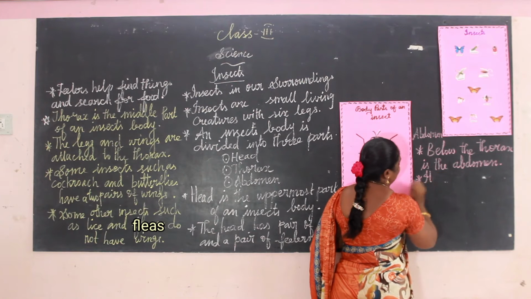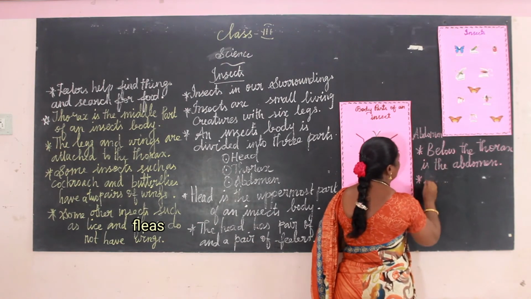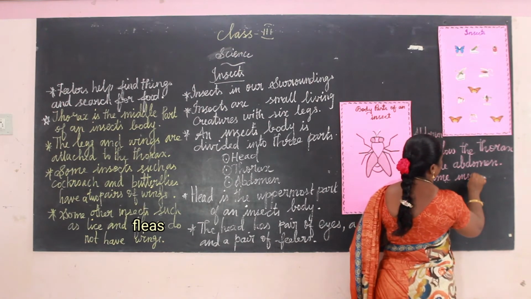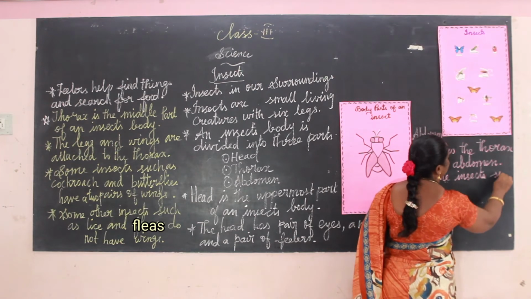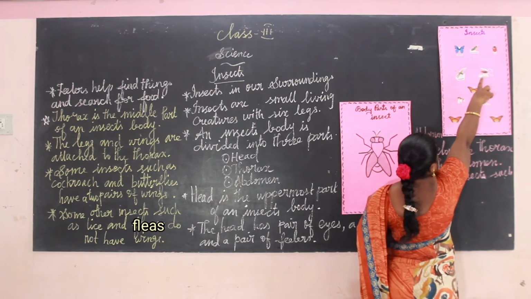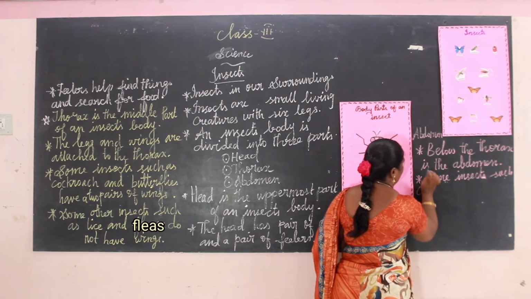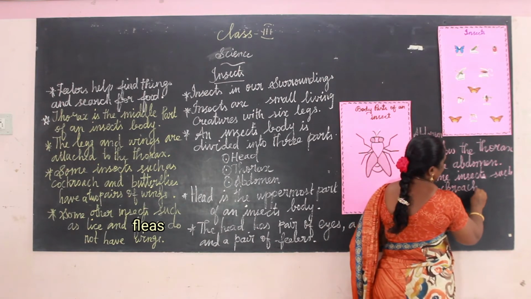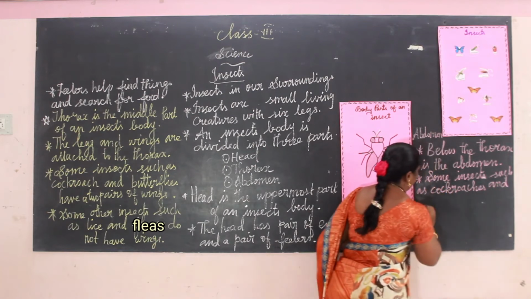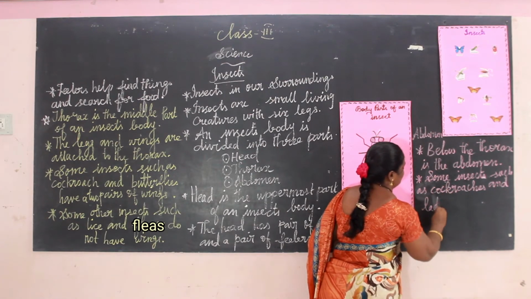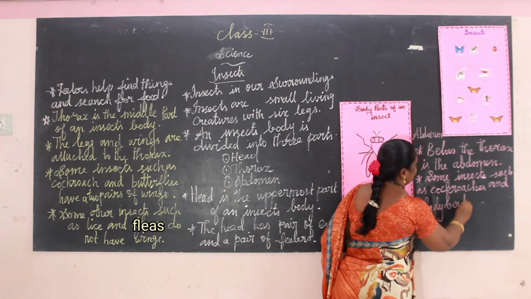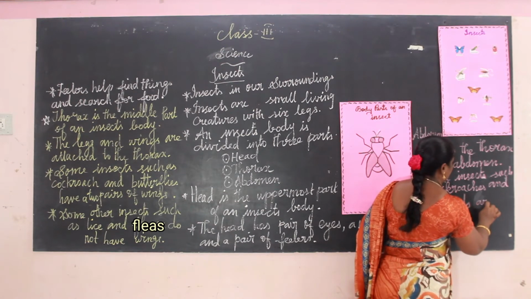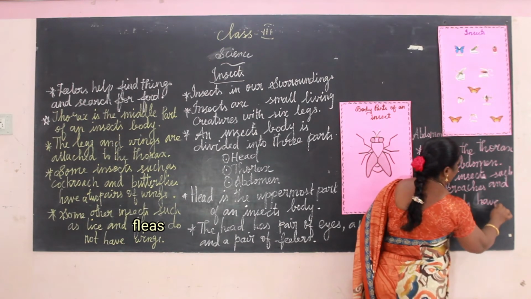Below the thorax is the abdomen. Some insects such as cockroaches and ladybirds have a hard covering.